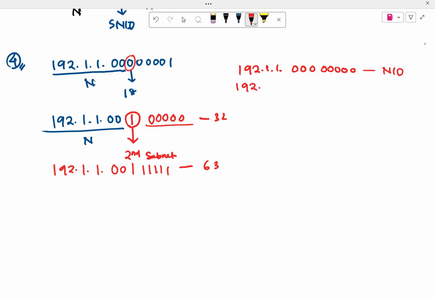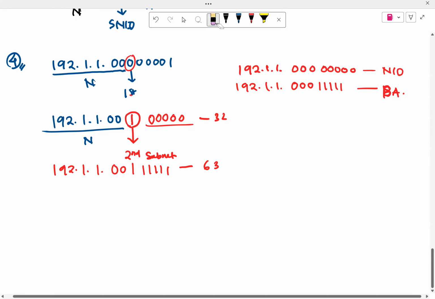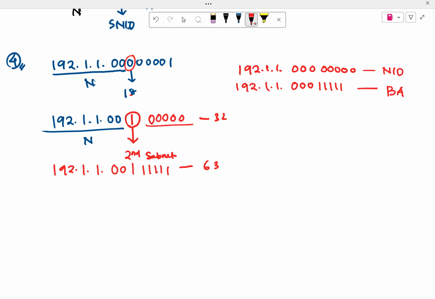And for the broadcast ID, I'll keep the network ID the same, the subnet ID the same, then I put all 1. So that will be my broadcast address.